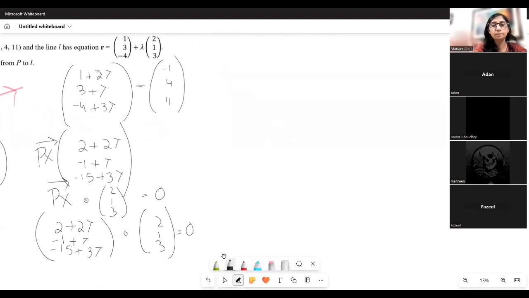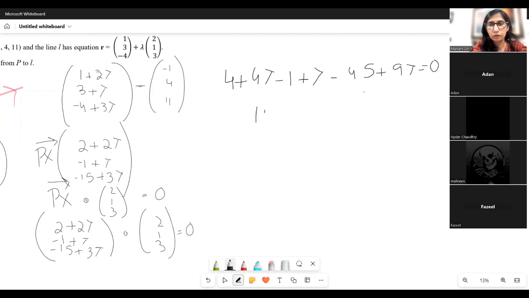So it's going to be 4 plus 4 lambda, then minus 1 plus lambda, and then minus 45 plus 9 lambda equated to 0. So we have 14 lambda here, and at the other side we have 46 minus 4, which is 42.